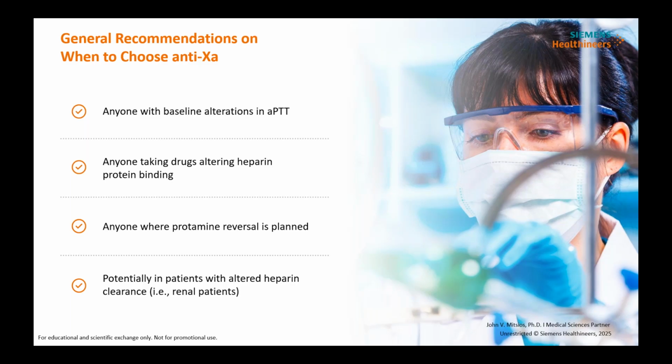For example, if you're considering the possibility of protamine reversal, being able to have that functional activity value available to calculate the amount of protamine that needs to be given is also important to ensure that we're properly reversing the anticoagulant effects if we need to for these particular patients.